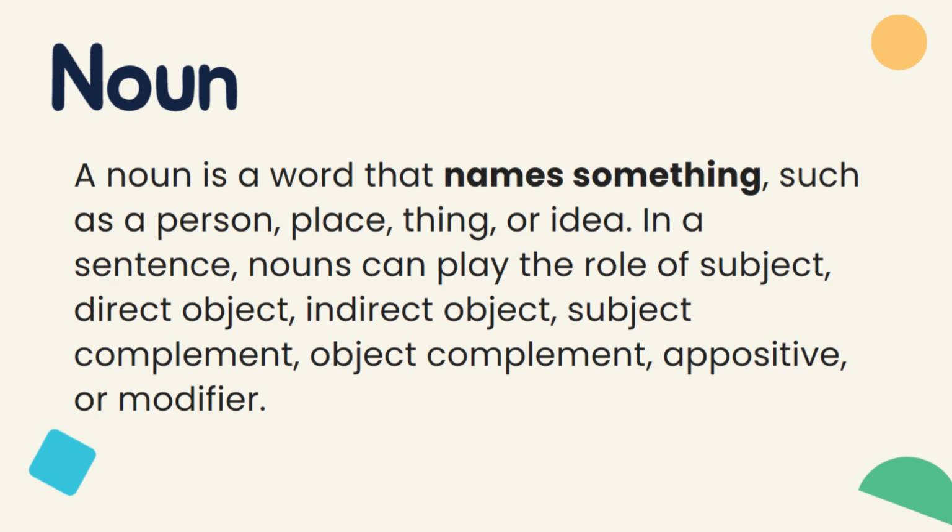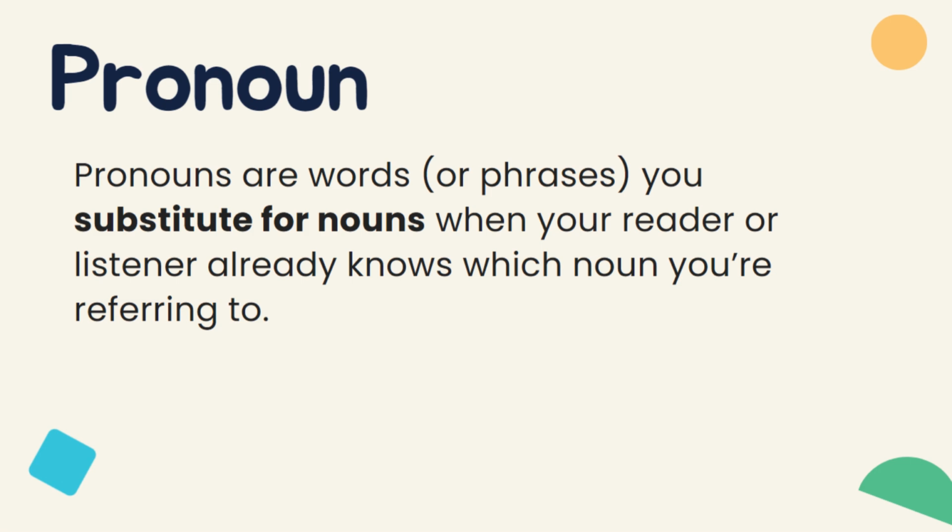And then next, let's have a pronoun. A pronoun is a word or phrase you substitute for nouns when your reader or listener already knows which noun you're referring to. Some examples of pronouns are she, he, her, us, we, and so on and so forth.